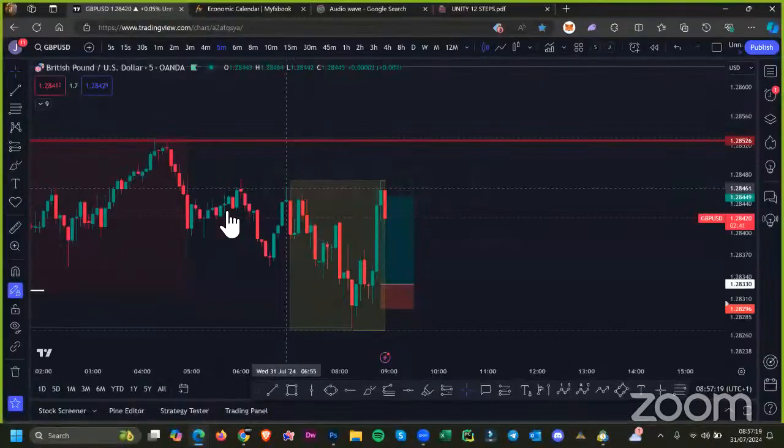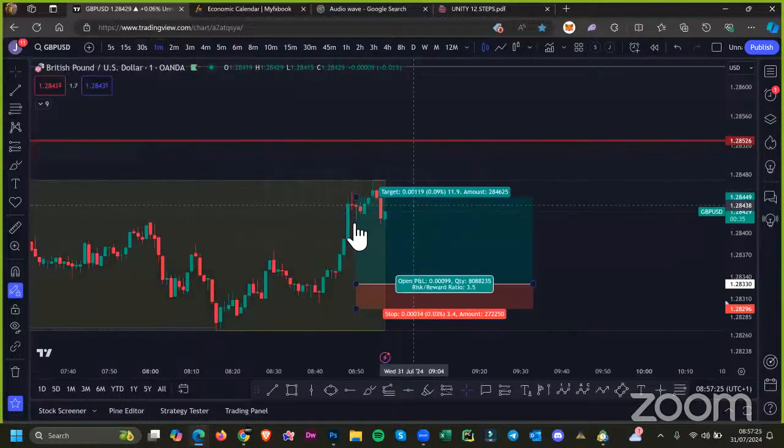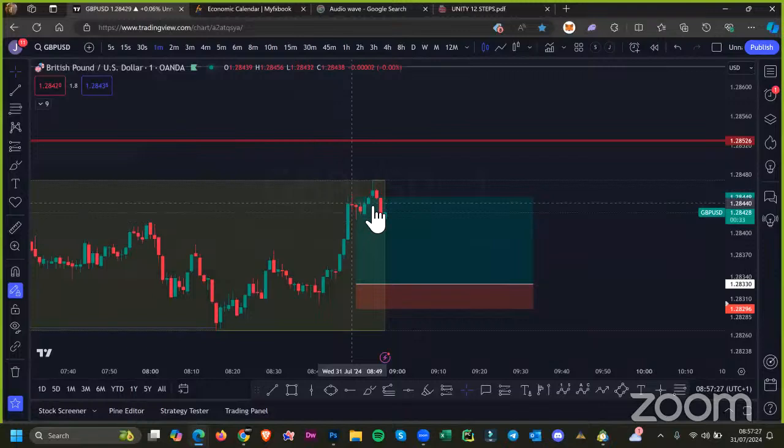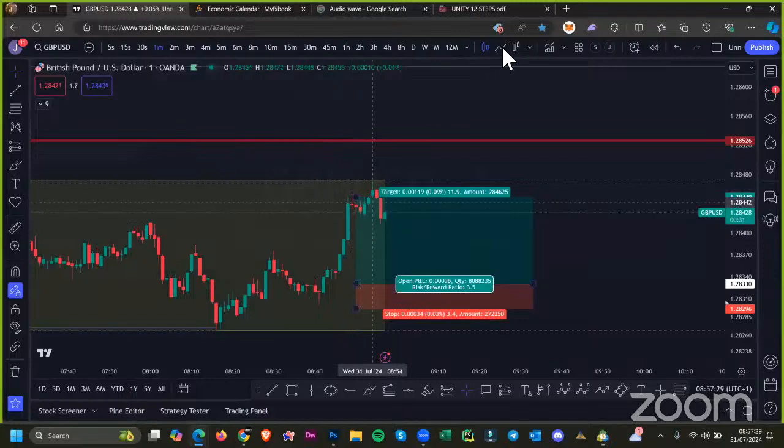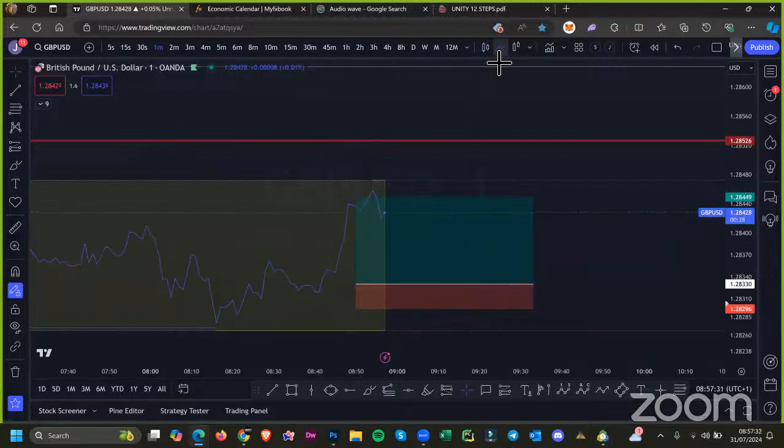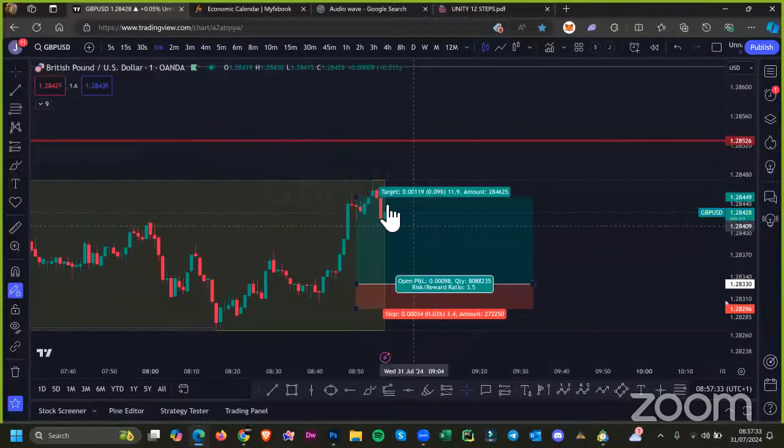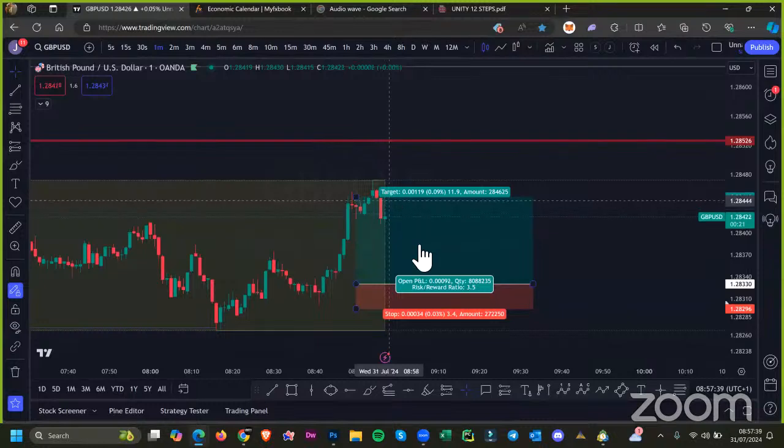And on a 1-minute time frame, we have got this break of structure, M-ish. Now, what I'm going to say is if this market taps in here, we may see it running off down towards us over here.